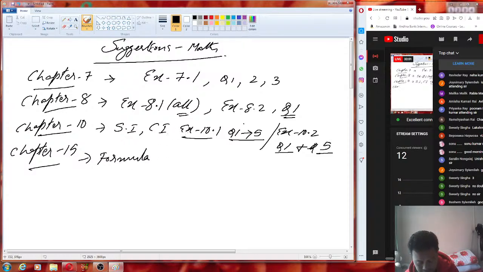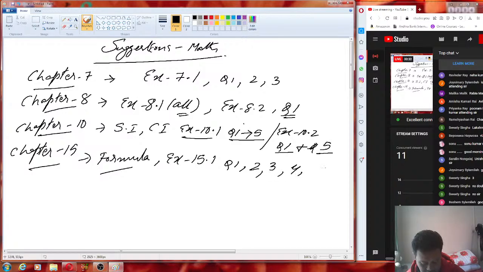The area of a triangle, like this, and whatever I have done in the class. So let's see what in chapter 15 will come. In exercise 15.1, note down question 1, question 2, question 3, question 4 and question 7. These 5 questions: 1, 2, 3, 4 and 7.